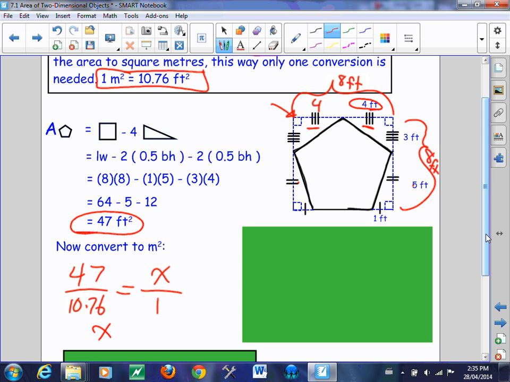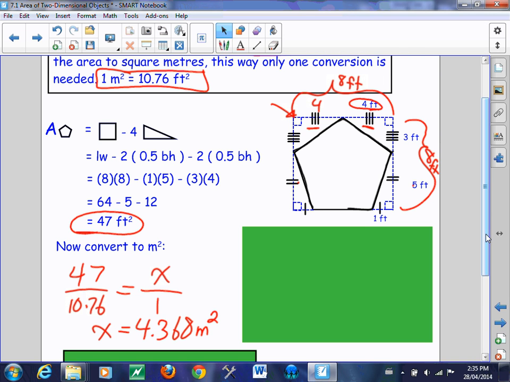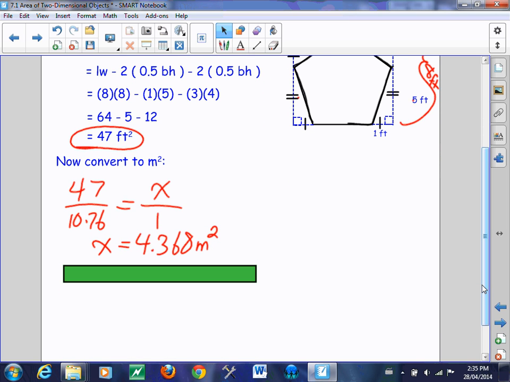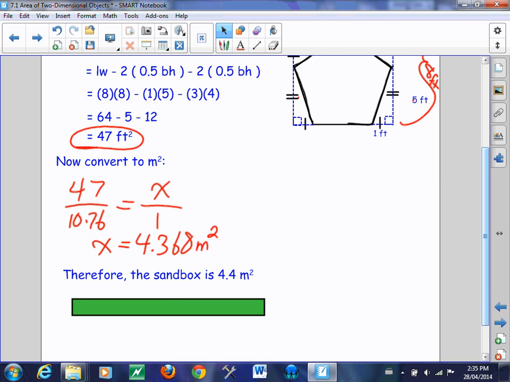So take 47 divided by 10.76. That equals 4.368 meters squared. So what does that tell us? Therefore, the sandbox is roughly 4.4 meters squared. Any questions with that?